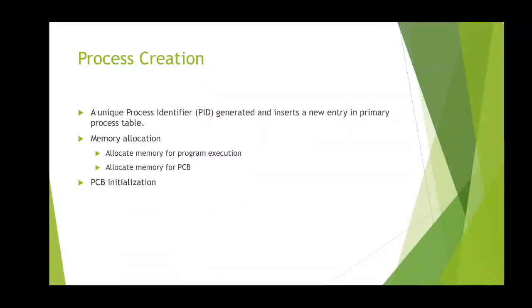We know that process management consists of process creation, process deletion, and communication and synchronization. Now we are moving on to the process creation steps. Every process is identified by a process ID, and it is unique to every process in the system. So the process creation steps include creating a unique ID for process identification and allocating various memory resources.